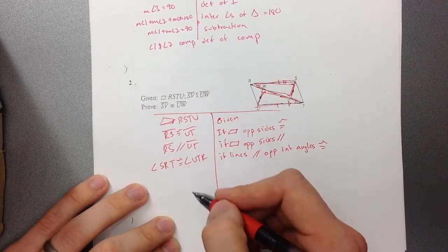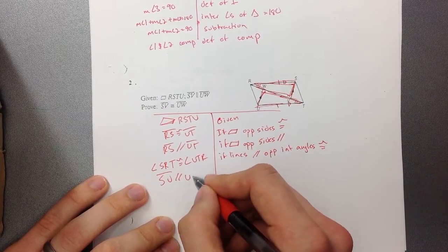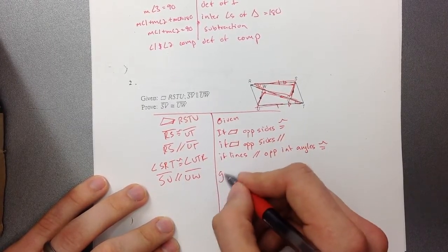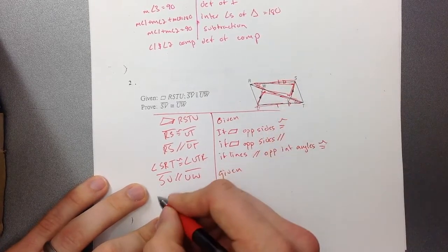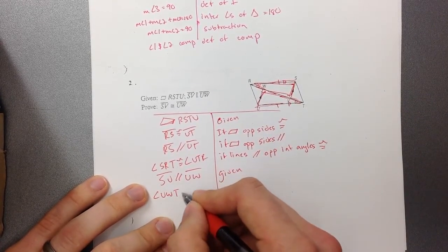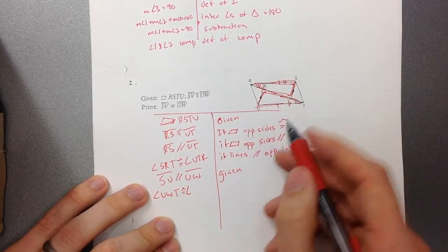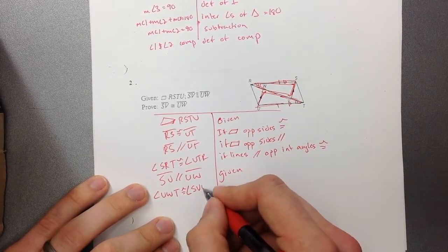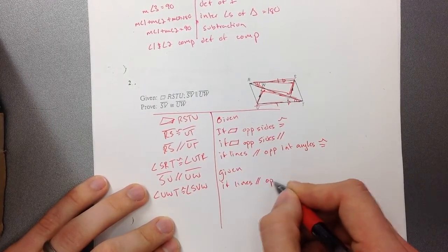So using my second given here, I'll have SV is parallel to UW. That's going to be given. I'm going to grab that second angle. So angle UWT is congruent to angle SVW, if lines are parallel, opposite interior angles congruent.